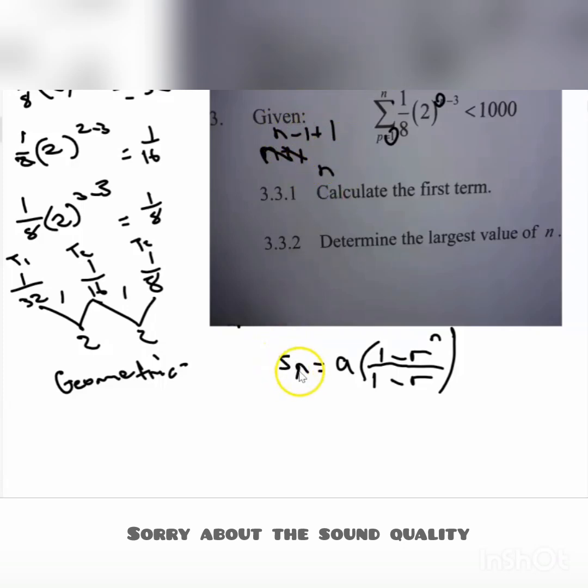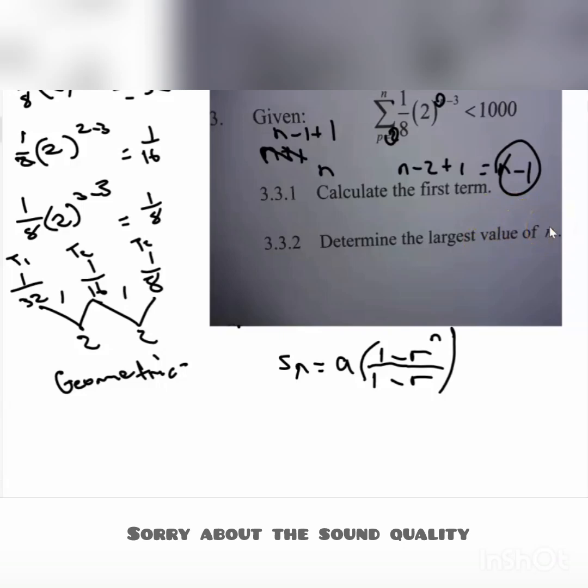Therefore our n is just going to be n. But let's say if here it was 2, it's going to be n minus 2 plus 1. Therefore the final answer is n minus 1.